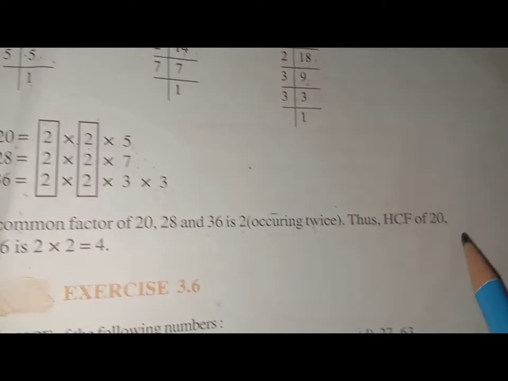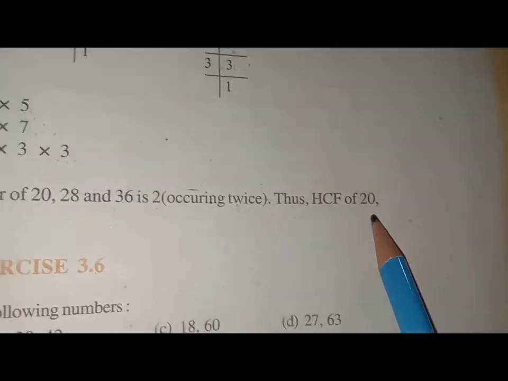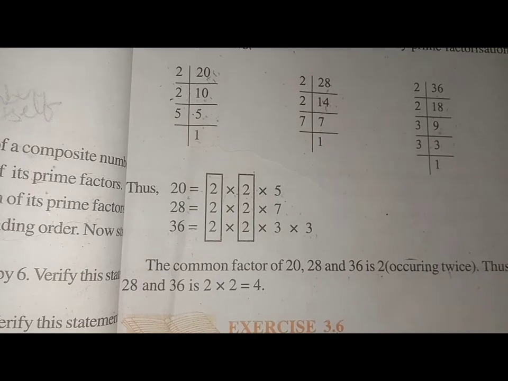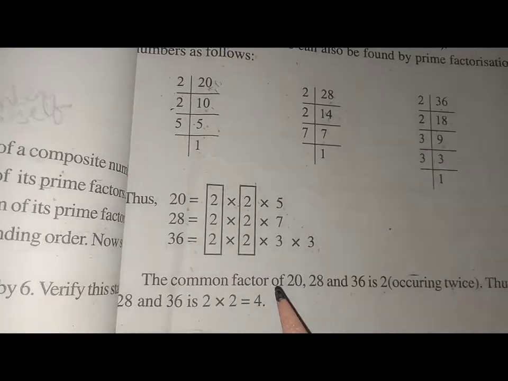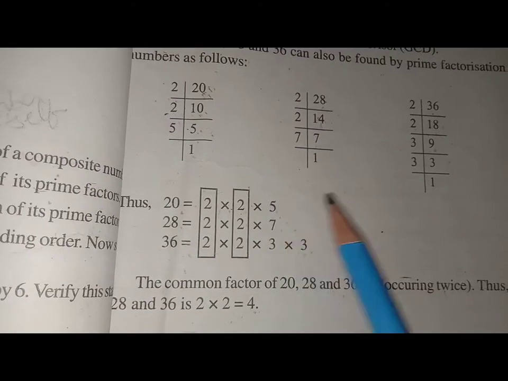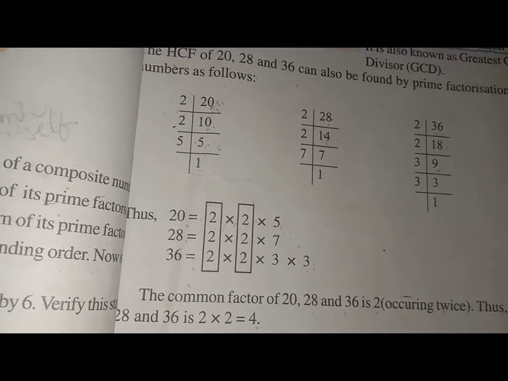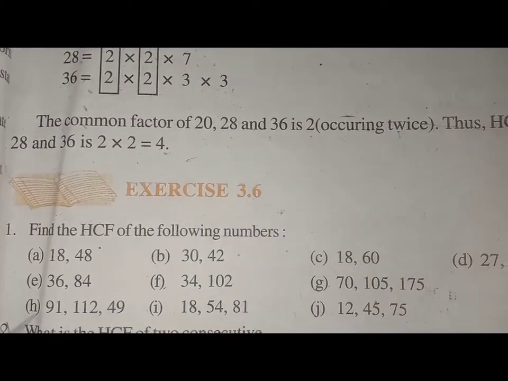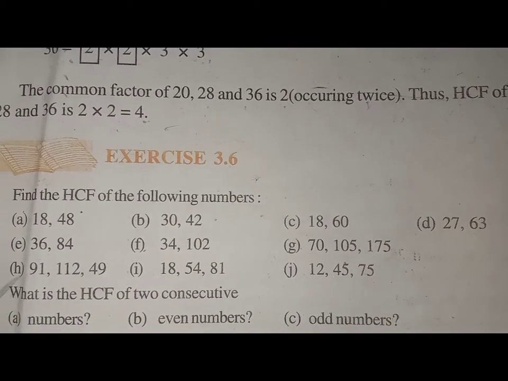Thus HCF of 20, 28 and 36 is 2 into 2, which is 4. So what is the HCF of these three numbers? It is 4.